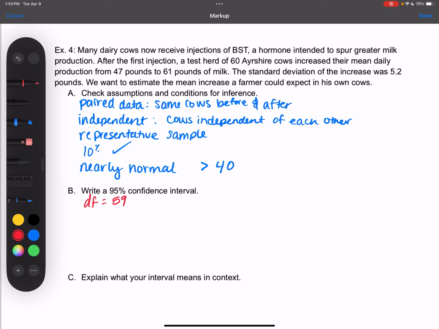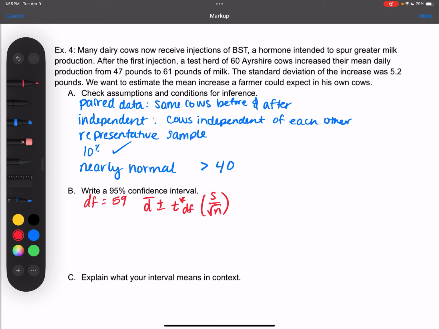59. All right, so I'll write the formula here: D bar plus or minus T star, degrees of freedom, times S over the square root of N. The D bar value is a little different in this one, because the last time we already had our X bar from our one variable stats, but in this one it went from 47 to 61 for the mean.